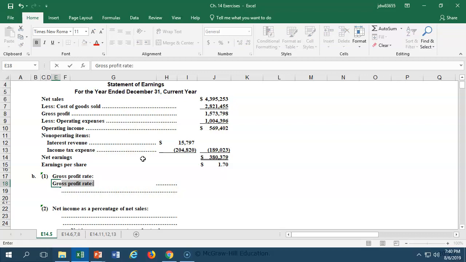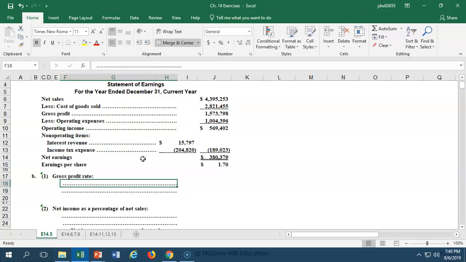To calculate that, you're going to need your gross profit, and then net sales.